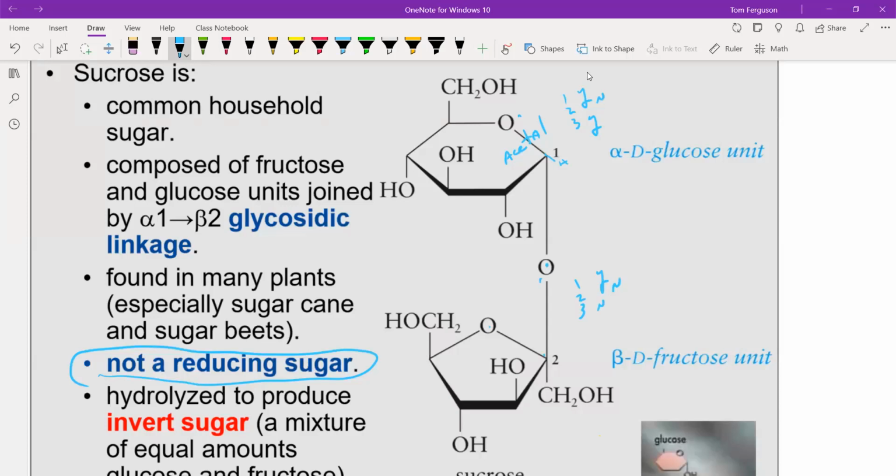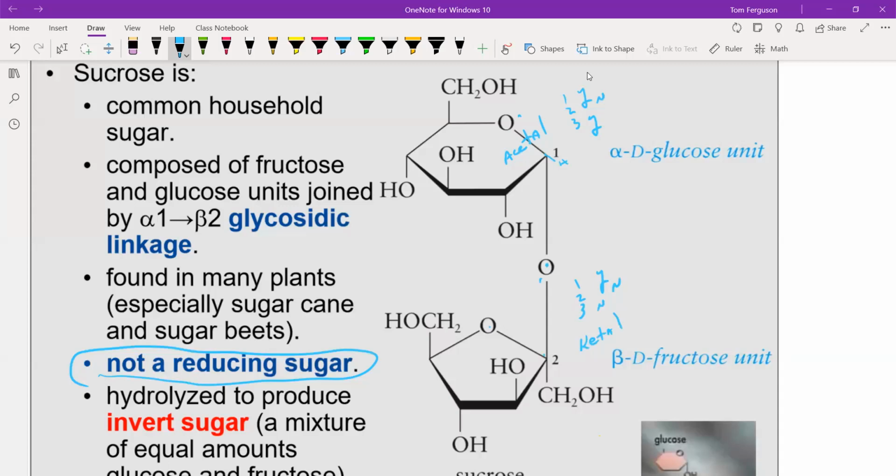So this is a ketal. So no hemiacetal. No hemi anything. So it's not a reducing sugar.